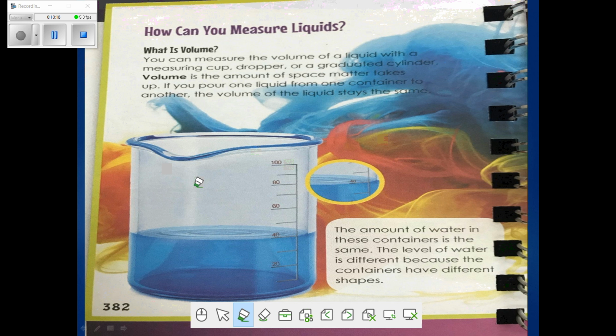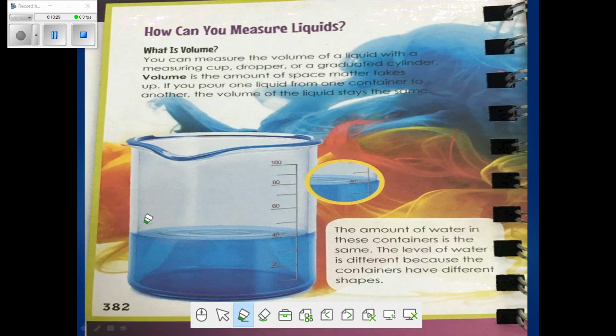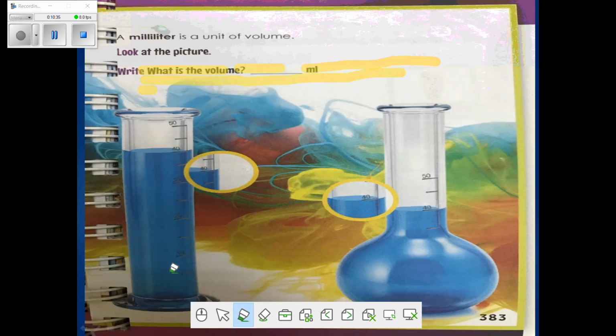They are different shapes. The water will take the shape of the new container. Here, the shape of the water is like the shape of the measuring cup. But here, the water takes the shape of the graduated cylinder.